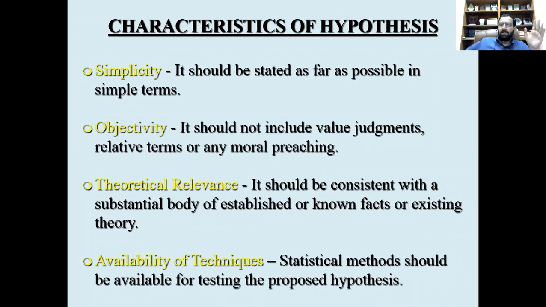Availability of techniques: look for methods. There are so many methods available: statistical methods, graphical methods, computational methods. Think about various methods and approaches. Do not focus on just one or two methods, or sometimes people go for typo research. They take any thesis and try to follow it in the same manner, doing the same things.